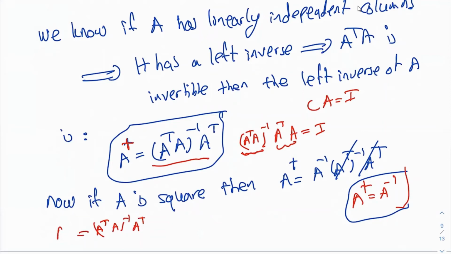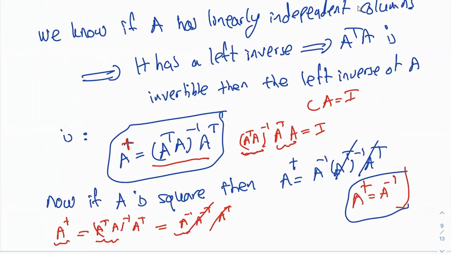Now, if A inverse exists, I can just go ahead and use the property of A inverse here. This is equal to A inverse, remember, A negative transpose. We can switch them. So A transpose inverse is equal to A to the power of -1 transpose, right? Times A transpose. These two cancel out and I get A inverse. So if the matrix A is square, still our intuition or our equation works, right?